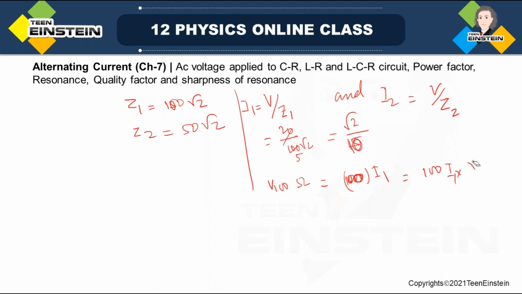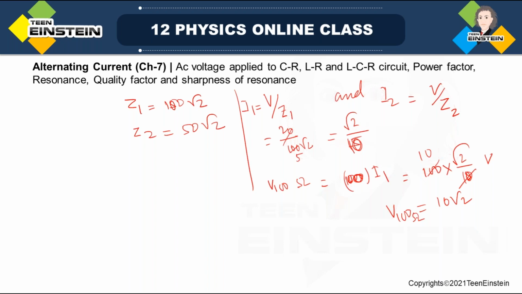I1 we had got actually root 2 by 10. This is voltage. So this is the voltage across 100 ohm.